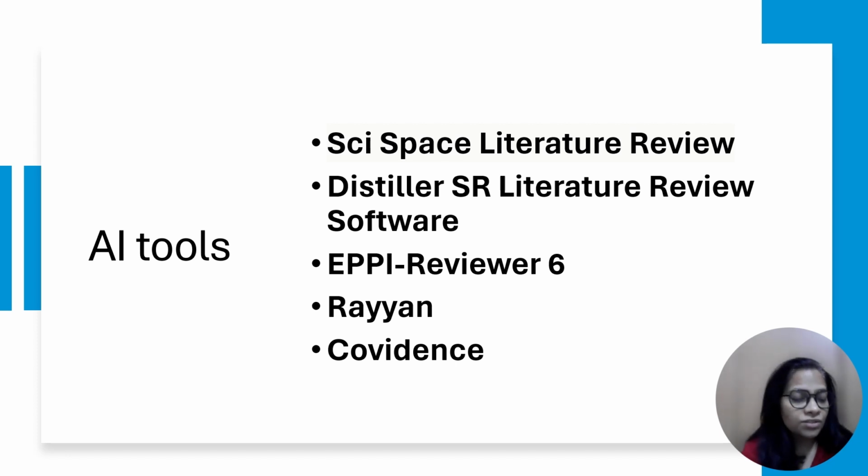For collaboration, DistillerSR and EPPI-Reviewer 6 have built-in project management and collaboration features. So this allows the teams to work together in real time, ensuring uniform outcomes. However, it is important to note that while AI can greatly accelerate systematic reviews, human oversight is still necessary to validate the outputs and ensure accuracy.